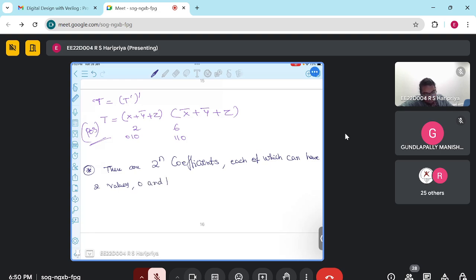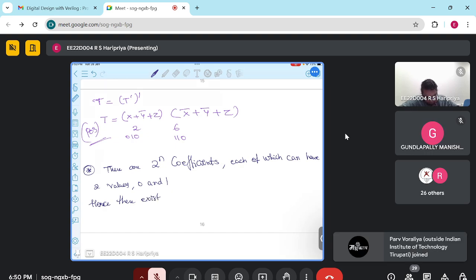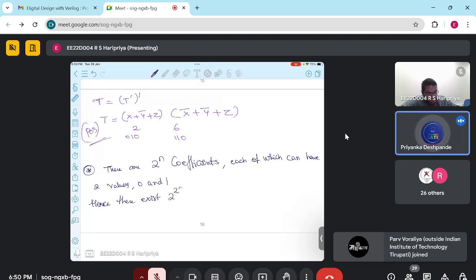So hence there exist how many switching functions? 2 to the power 2 raised to n. Yes.